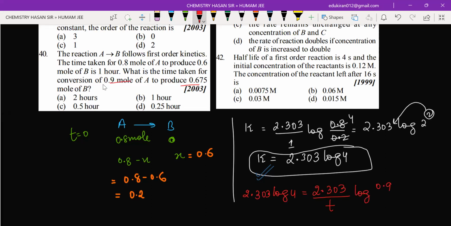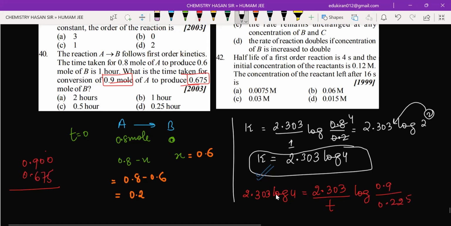You can see initial concentration now is 0.9, and to produce 0.675 moles of D, that means the concentration of A left will be 0.9 minus 0.675. We put the value that is left in the reaction, right? So you will get 0.225. Are you getting my point, both of you?